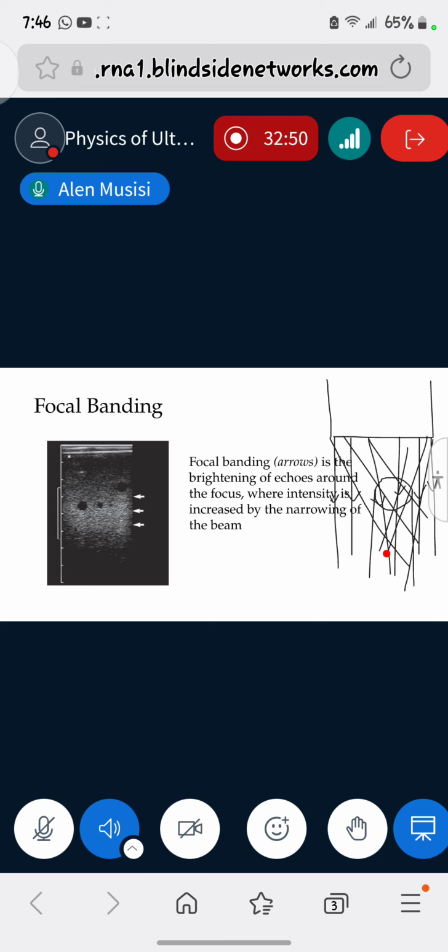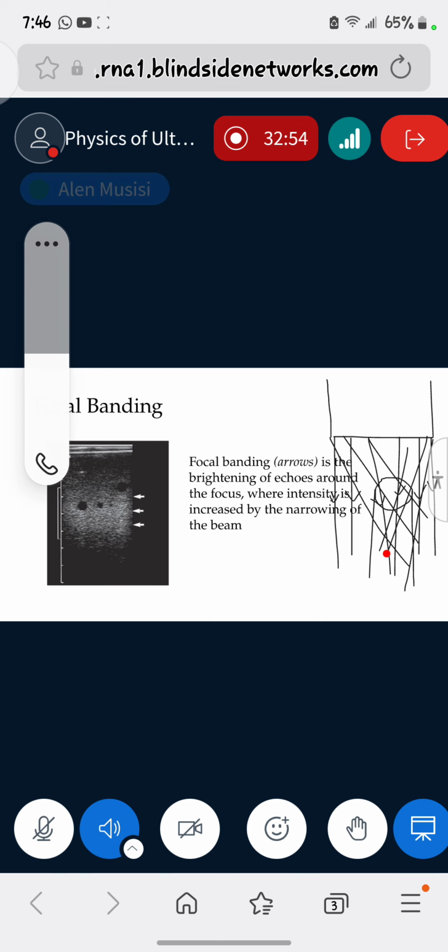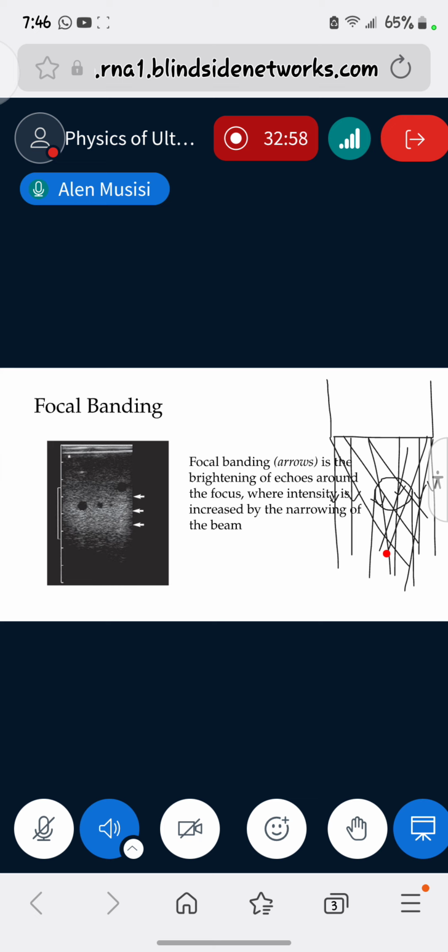So you can try to avoid the structure which is causing the shadow. If you're not interested in that structure, you may change your window and make the beam go through another window where that structure does not exist, such that the beam can reach the structures of interest. Maybe you can do that.